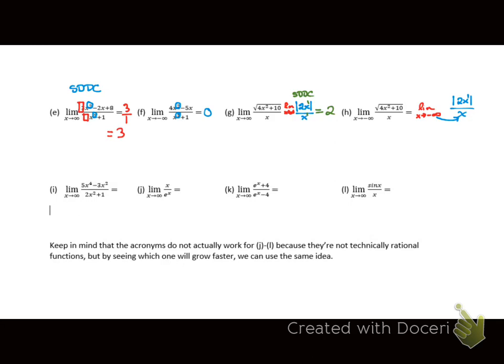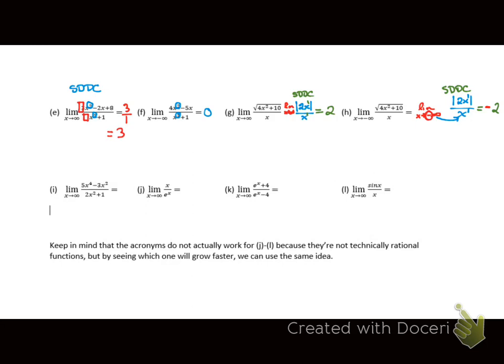So we still have 1 over 1, so this is still SDDC. But instead of it being positive 2, it's negative 2 because it's going to negative infinity. So that's the only difference there. All right.